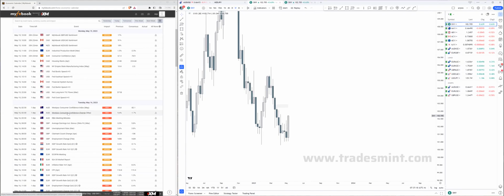If we are hovering above or below a PD array, then that news will likely spike into the PD array, and then we have a very clean day that we can trade.